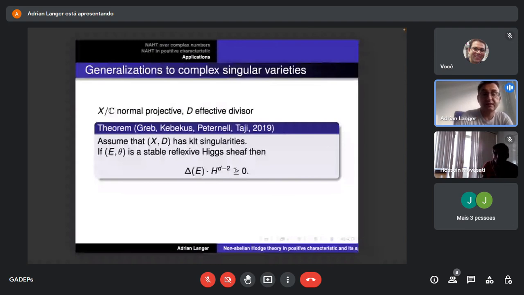I mean, it was something in combination of the second Chern class and the first Chern class squared. But the problem here is that if you have a reflexive sheaf on a normal variety, then it's not clear what the second Chern class is in this case.